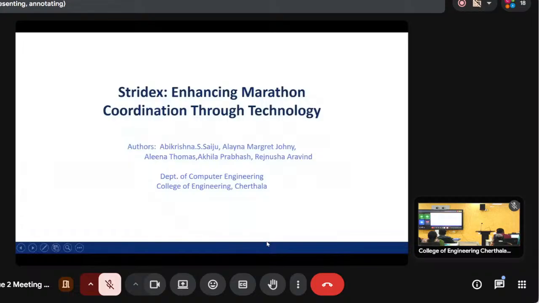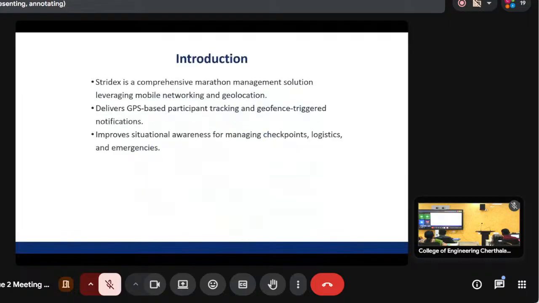I'm here to present on our paper, StrideX: Enhancing Marathon Coordination Through Technology. This work is developed by myself and my co-authors, Alina, Akhila, Abhi Krishna, and Ms. Ranjisha. StrideX is an all-in-one marathon management solution.